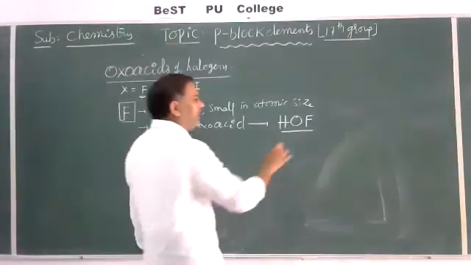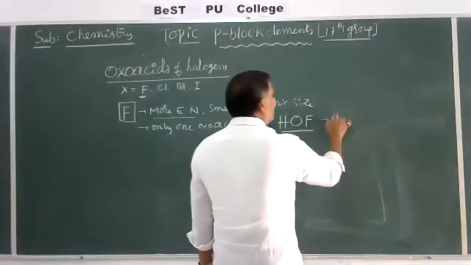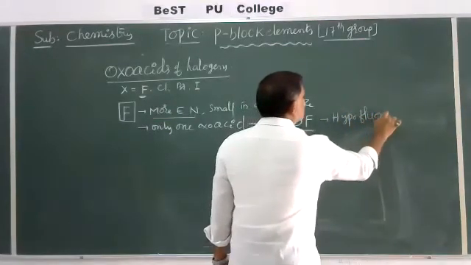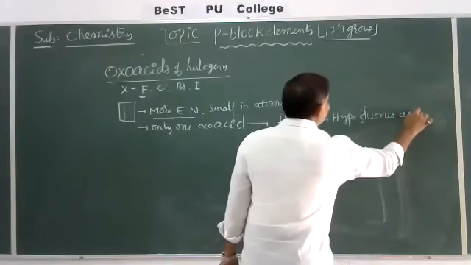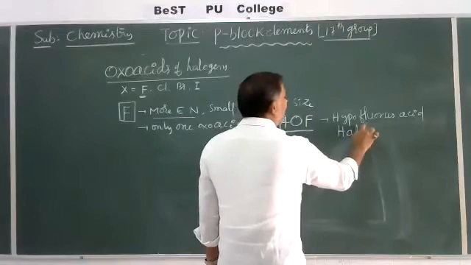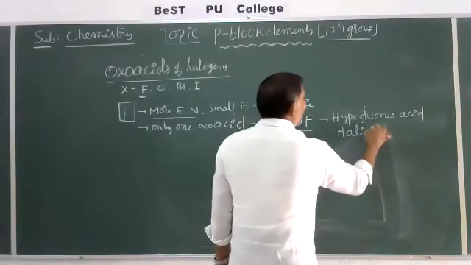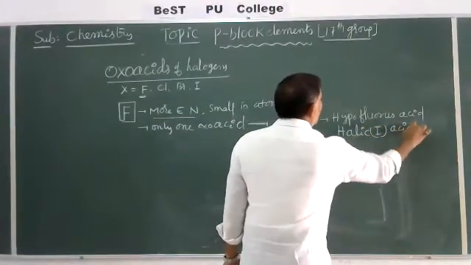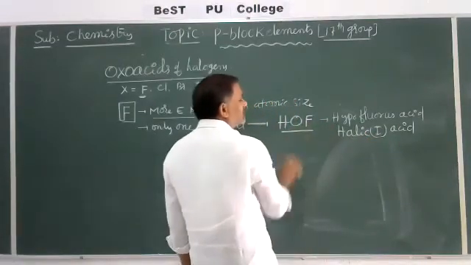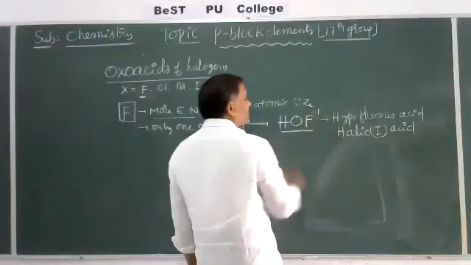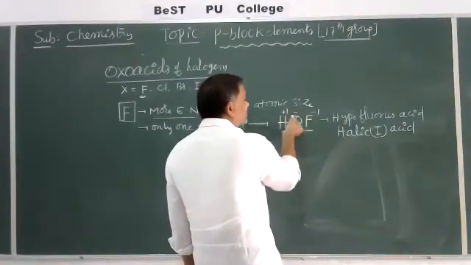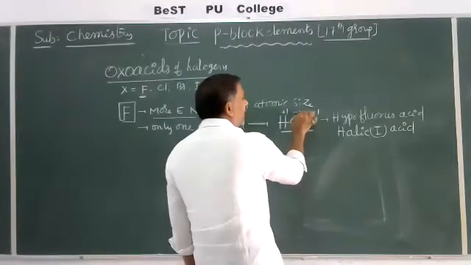That oxo acid is called hypofluorous acid, or simply fluoric 1 acid. Here the oxidation state of fluorine is -1, hydrogen is +1, and oxygen is -2.